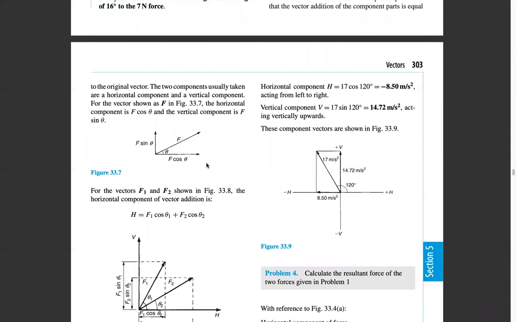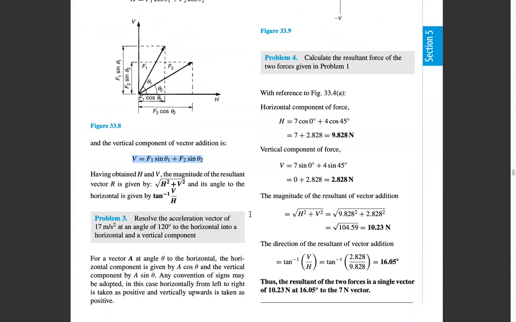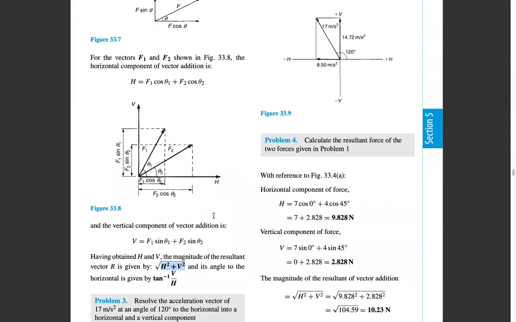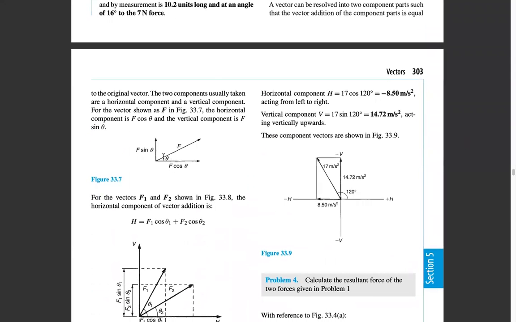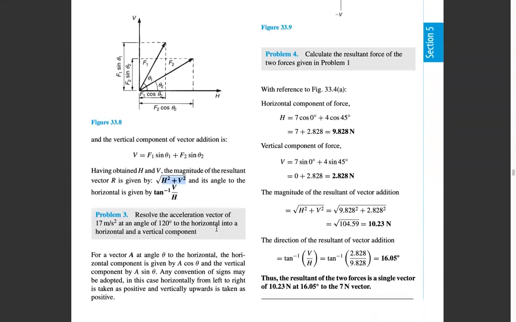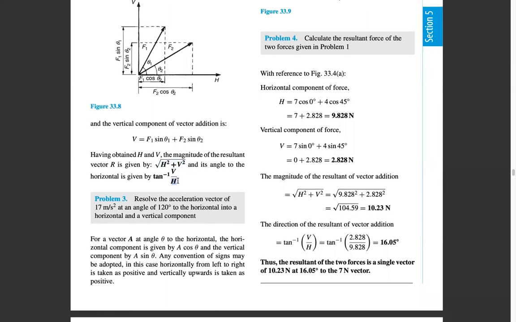So from Pythagoras, H squared plus V squared is R squared, where R is the resultant. So R is the square root of the sum of squares of H and V. And if you look at the triangle, theta is opposite over adjacent. Opposite is the vertical, and adjacent is the horizontal. So V over H is the tangent of the angle, so the angle is the arctan, or the inverse tangent, of V over H.